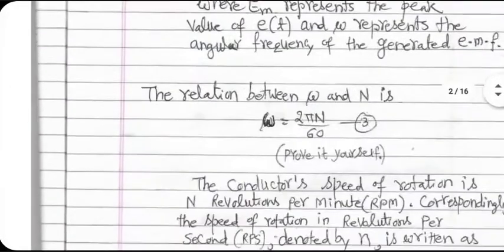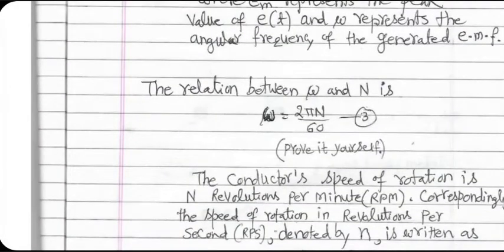For any other value of n, it can similarly be seen that the higher the speed of rotation, the larger is the value of omega generated. And frequency, of course, is omega divided by 2 pi, which is simply n by 60. I mean, simplistically speaking, if you have 1 revolution per second, you get 1 cycle per second from the system.